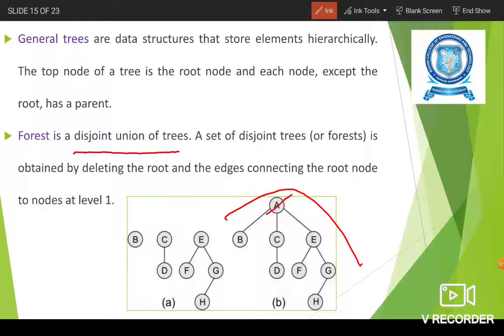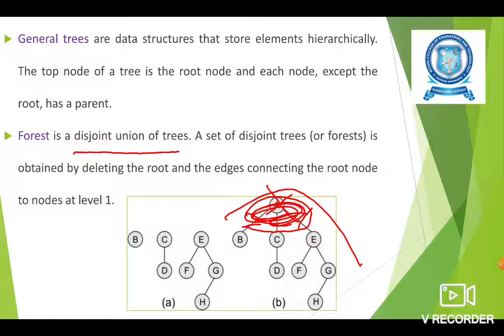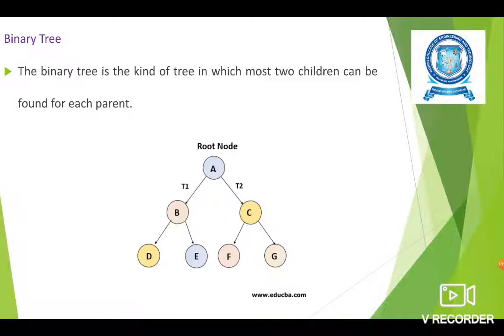You have to delete the root node and the edges connecting to nodes at level 1. If you remove this part, then what about the remaining thing? We have 3 disjoint trees, B, C, D, then E, F, G, H. Okay, so they are called the forest.